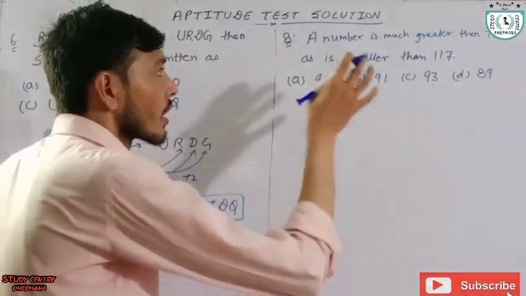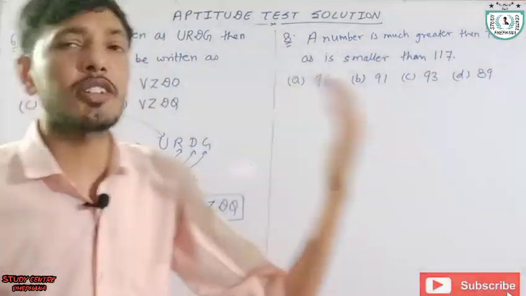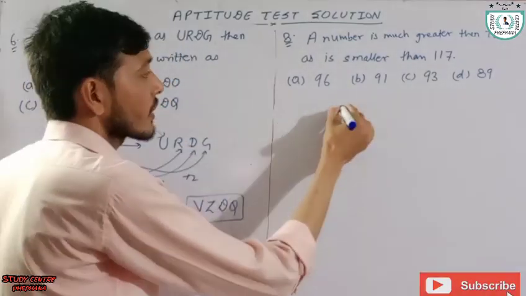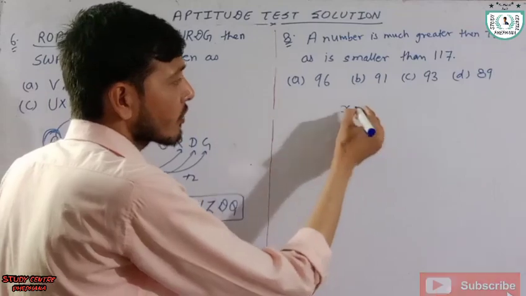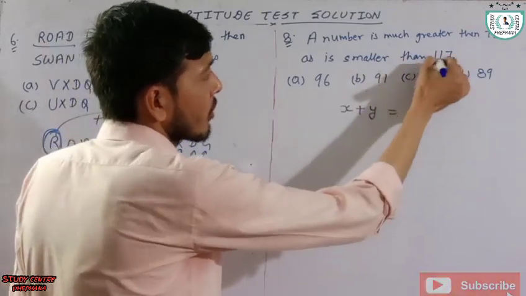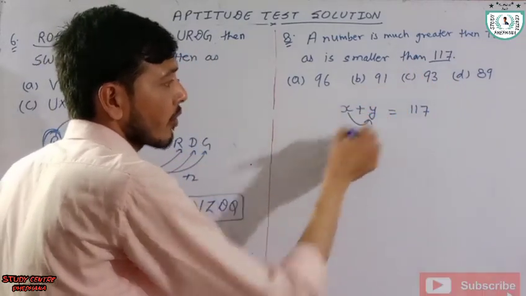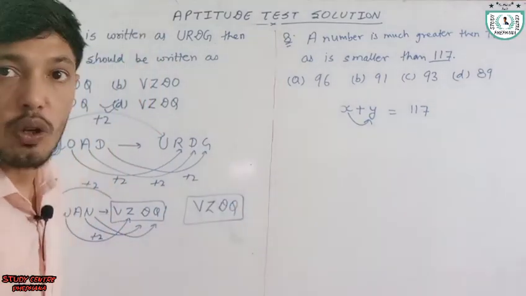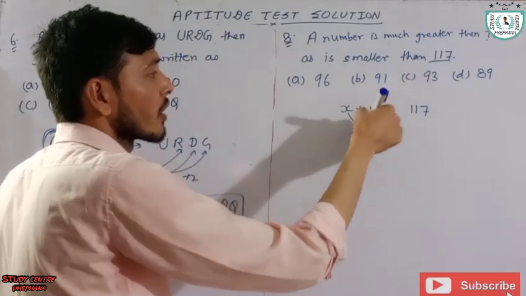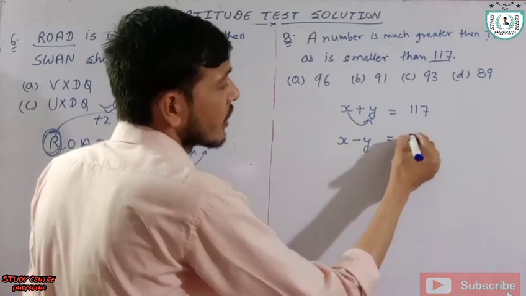We can say that the number that is greater than 75 and smaller than 117 is X. After adding the number Y, we can find the number 117, because 117 is greater than X by Y. Now we have 75, that is less than X by Y, so X minus Y is equal to 75.